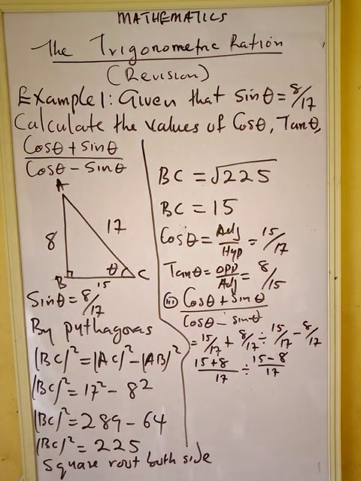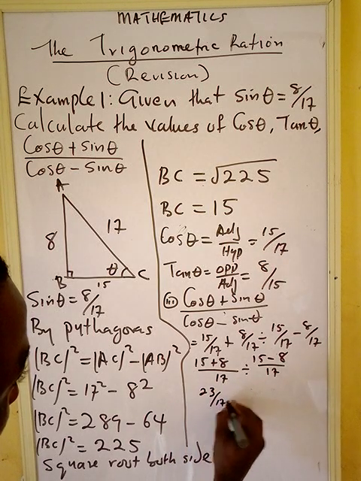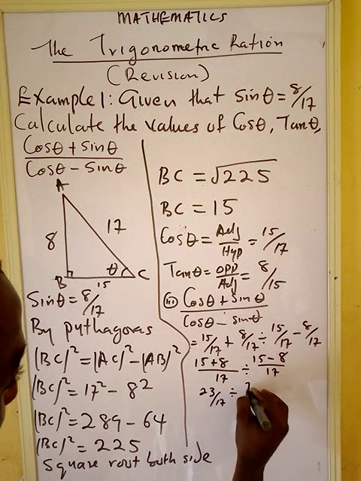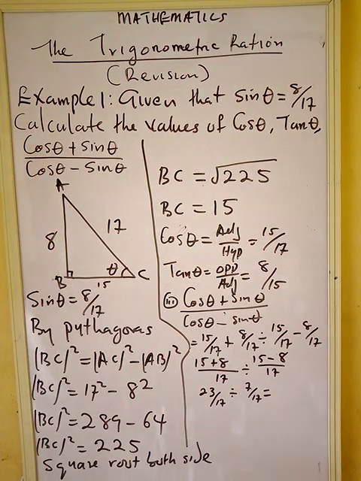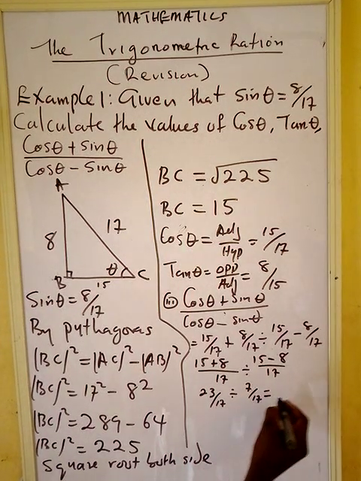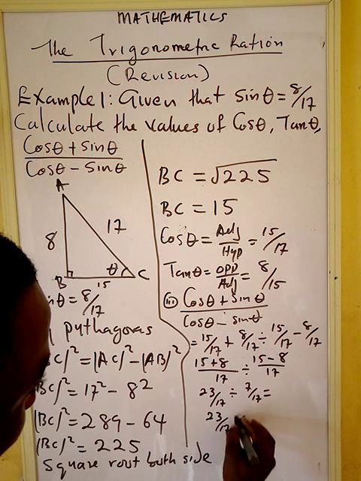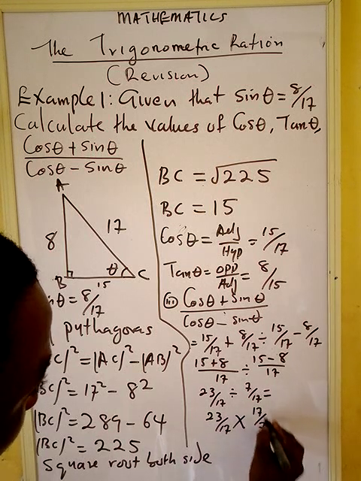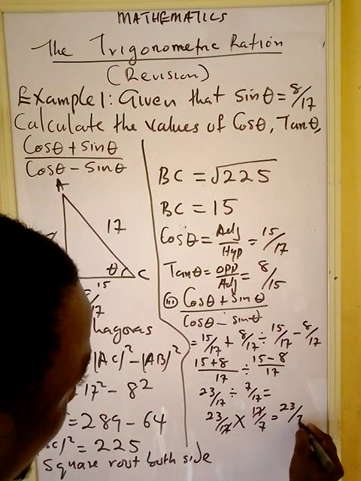15 plus 8 gives us 23, and 15 minus 8 gives 7. So 23 over 17 divided by 7 over 17 equals 23 over 17 times 17 over 7. The 17s cancel, and we have 23 over 7.